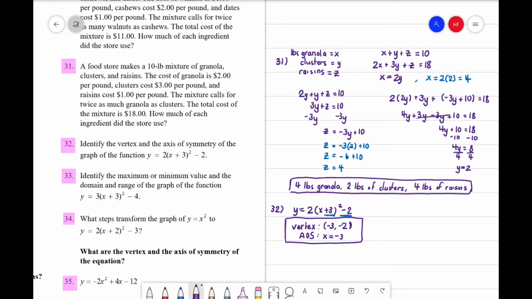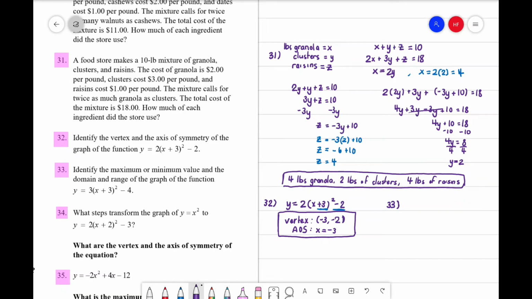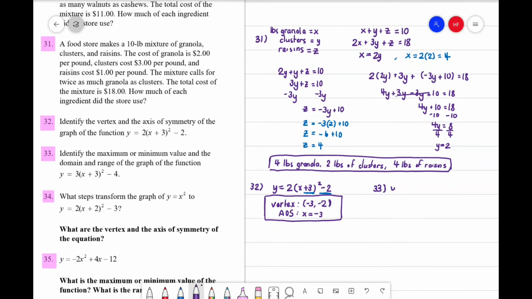33, identify the maximum or minimum value and the domain and range of the graph of the function. Y equals 3 times x plus 3 squared minus 4. So again, we're in vertex form.